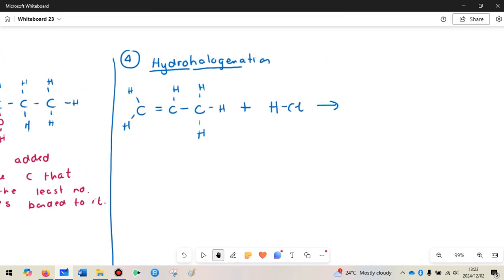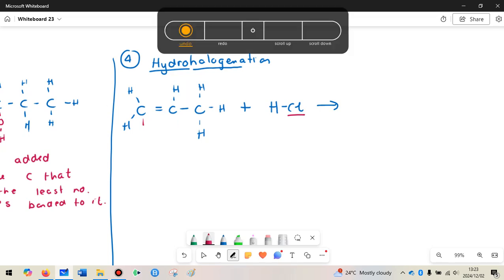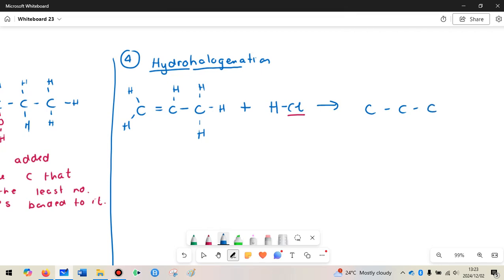Okay, and once again, I have this choice of where to add that Cl, this part of the molecule, in, and I'm always going to add it to the carbon that had the least or the smallest number of hydrogens attached to it to begin with. So I'm going to add it into carbon number 2 here, and the H will then just go to carbon number 1.